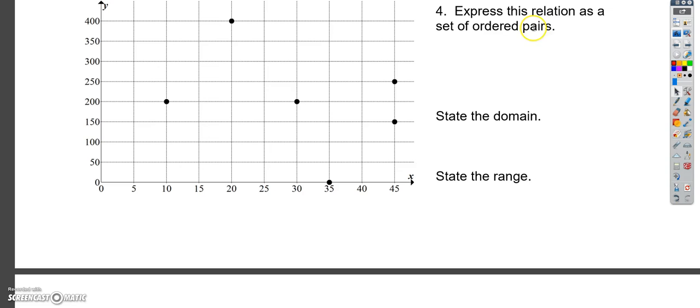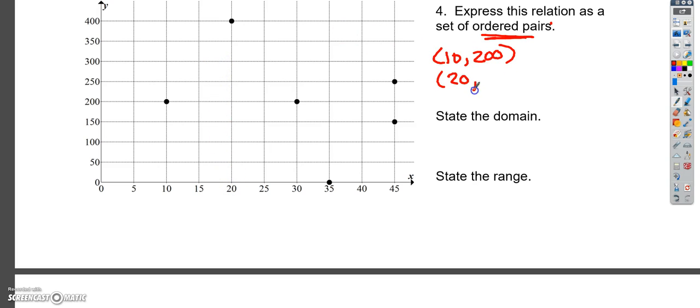Okay. It says express this relation, which is simply ordered pairs. So 10, 200 is one of the ordered pairs. So we had to go from the origin over 10, right 10, up 200. This one would be right 20, up 400.